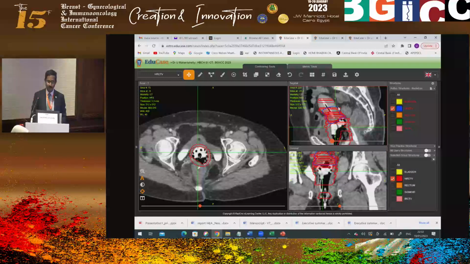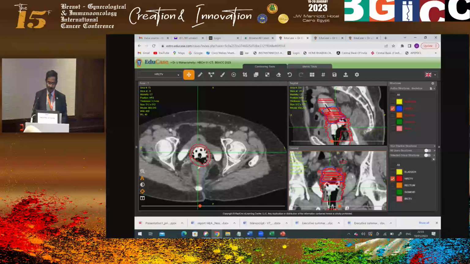Only 1 or 2 people have reached that. If you are a beginner, you want to be more conservative, you can be generous, because if you are very uncomfortable that my volumes are very small and you have an uneasy feeling that I might be missing something, go 1 or 2 slices above, you will never be wrong. Go by the anatomical landmark of the uterine artery, which can be seen on coronal here.